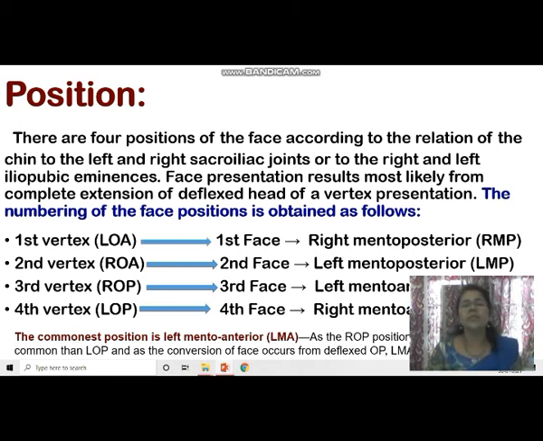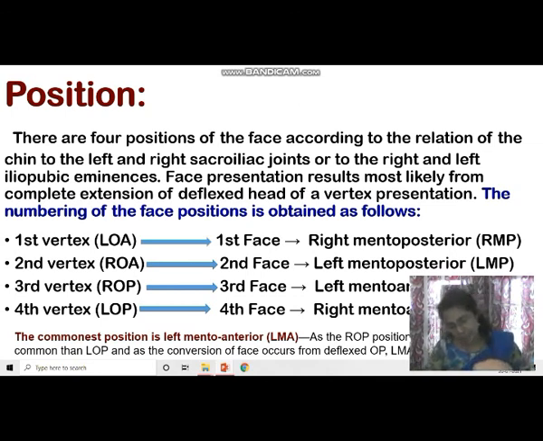The number of face positions is obtained as follows. First the vertex, that is LOA. If the patient is in LOA, it is on the left side.